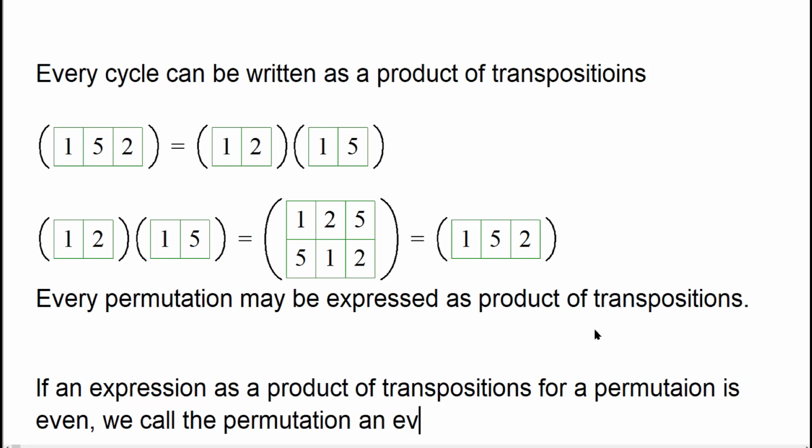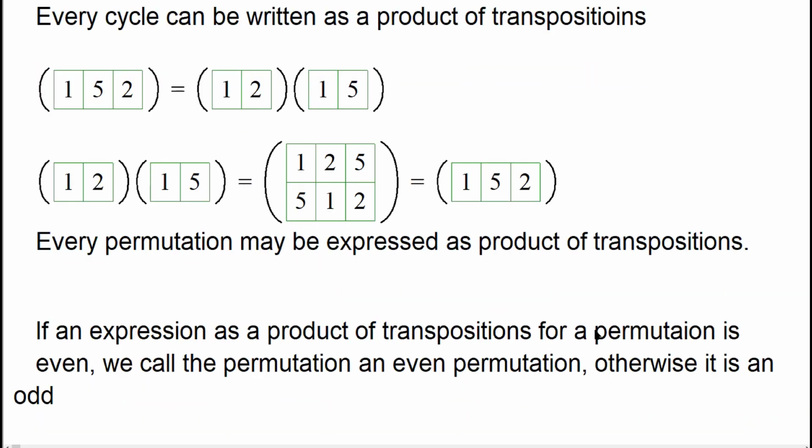Again, as I said, the number of factors can either be even or odd, but not both. Otherwise, it is an odd permutation.